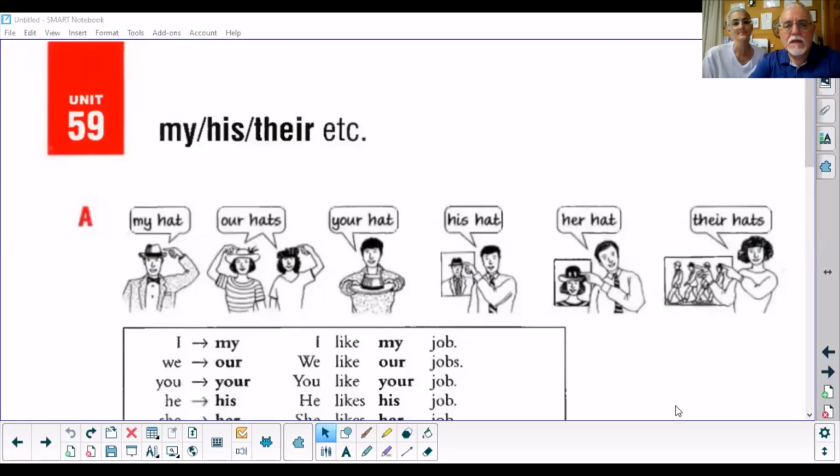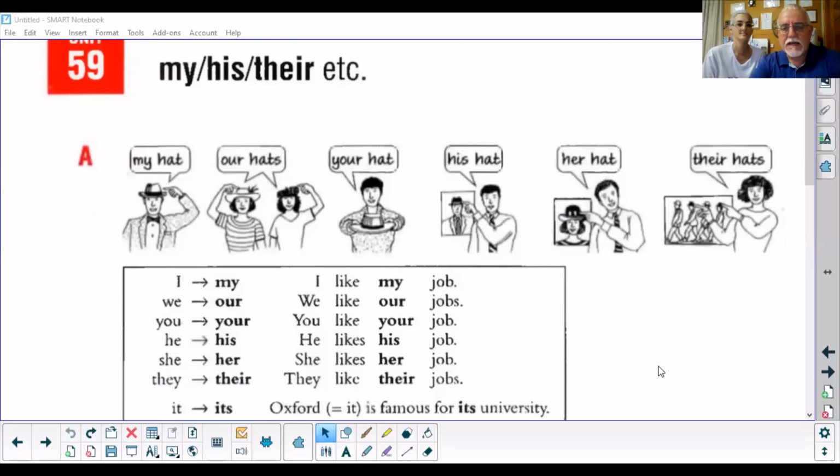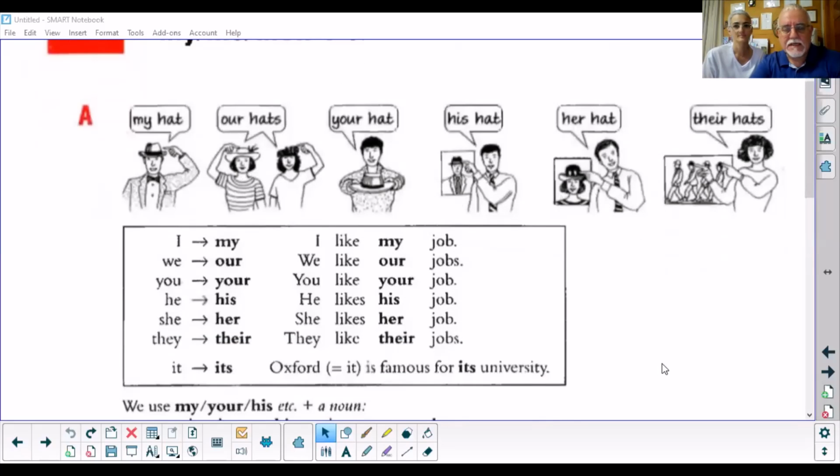So, exercises. We're going to look here at my, his, their, etc. Let's look at these two tables. We have here the personal pronouns. Remember, we use these with the verb to be: I am, we are, you are, he is, she is, they are, it is.